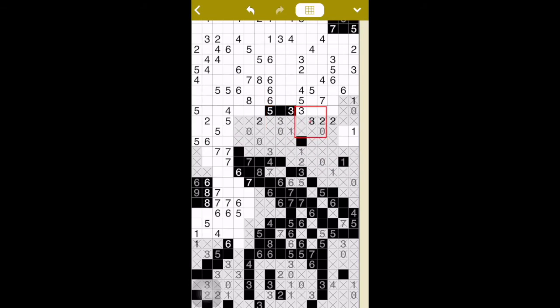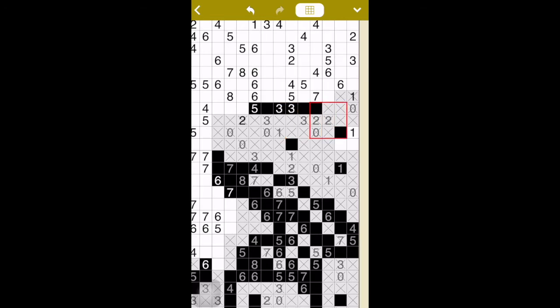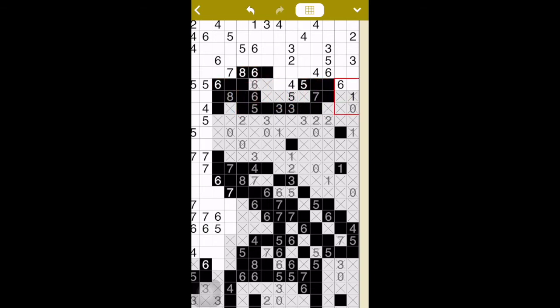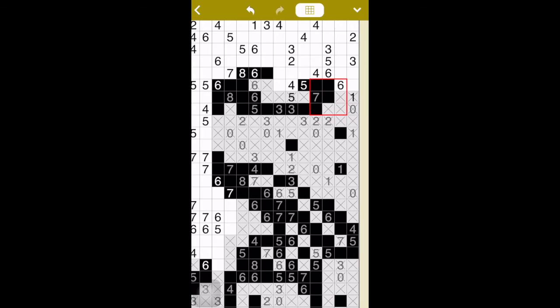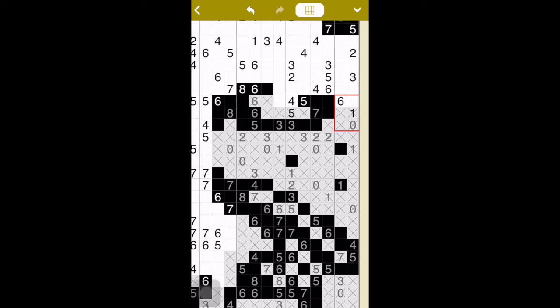Okay, everything I've done so far, they're all in my tutorial. The reason why I like this game so much is that the rules are fairly simple, yet it can be very complicated, and unlike Sudoku, because I play Sudoku a lot, I used to, but you need to know so many different tactics.